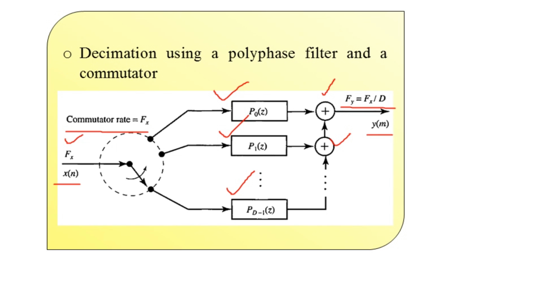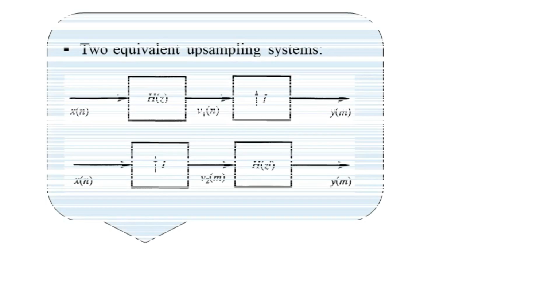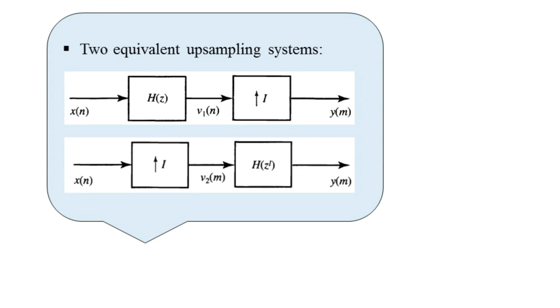Now, as we have discussed with respect to decimation, we have two equivalent upsampling systems also, upsampling or interpolation, whatever you call. Of course the input is denoted by x of n in both implementations, and the expected output is denoted by y of m here.